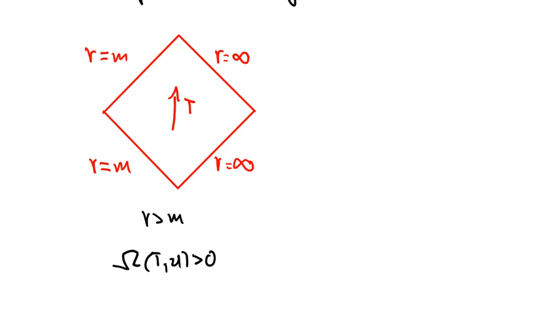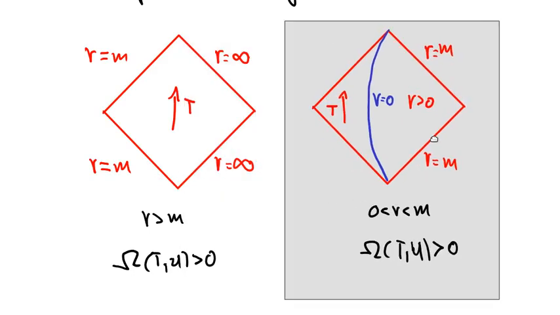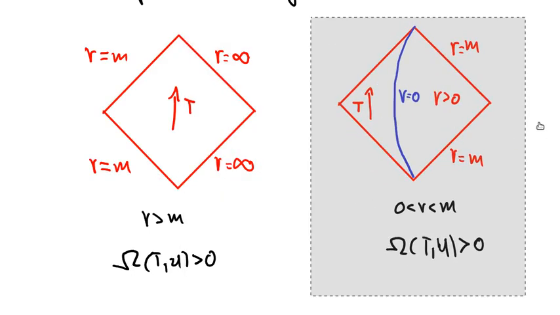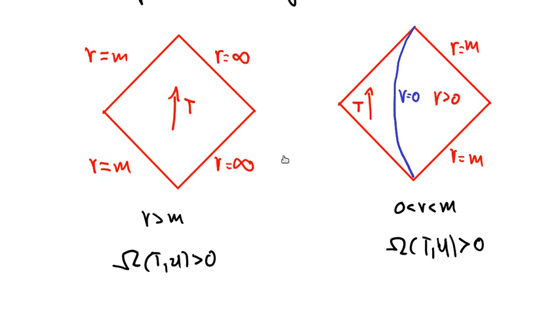And then we have another independent Penrose diagram, which is here, right? It corresponds to the other region, and I have indicated here the location of R equals 0, which is still a curvature singularity.